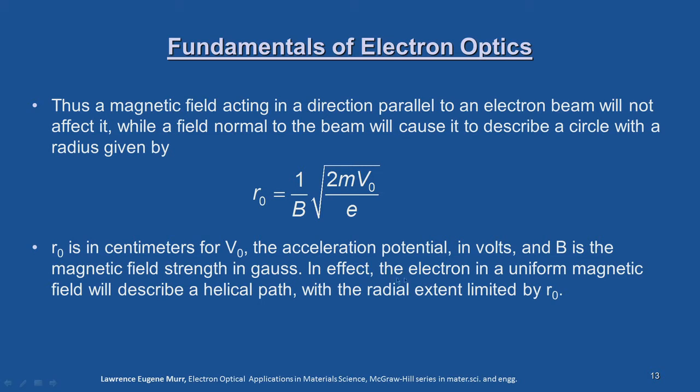In effect, the electron in a uniform magnetic field will describe a helical path. Please make a note of this. In a uniform magnetic field, it describes a helical path with a radial extent limited by r naught.